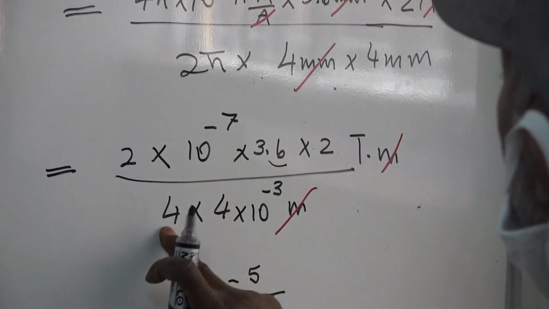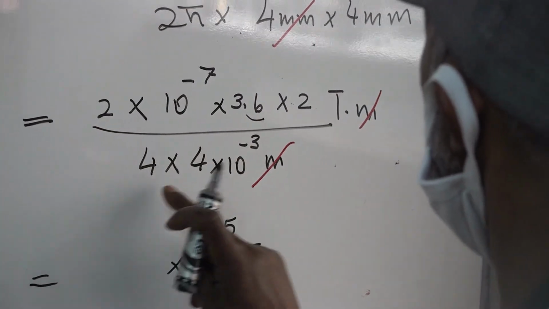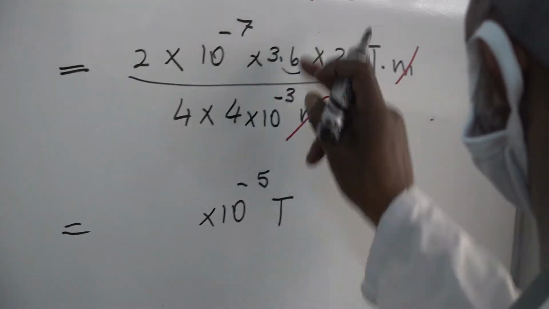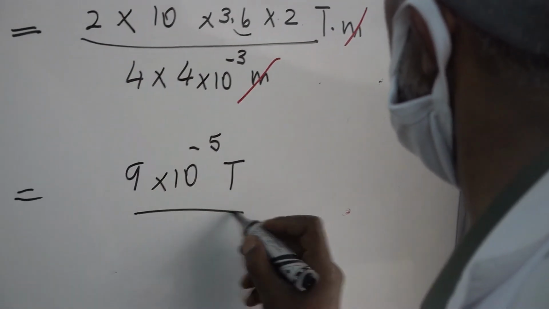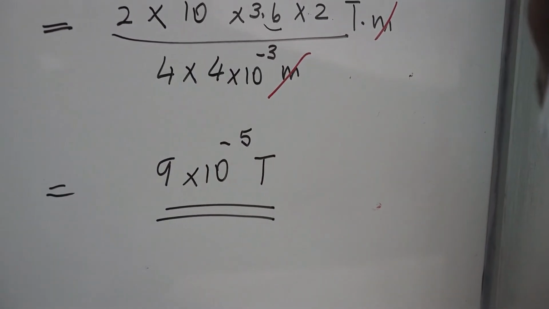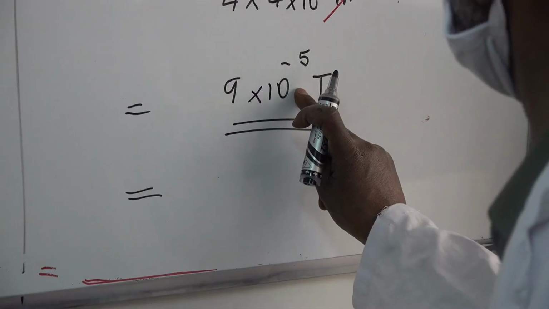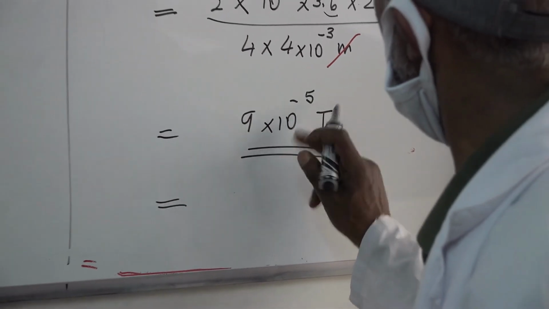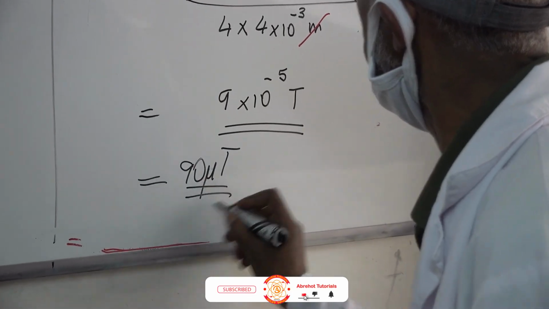Don't forget that. 2 cancels this 2. 2 times 2, 4 cancels 2. By 4, 1, by 4, 9 here. So you have 9 times 10 to the power of minus 5 Tesla. That's the answer. If you want to express it in prefixes, multiply by 10 to the power of minus 1 and multiply by 10. So you get 90 micro Tesla.